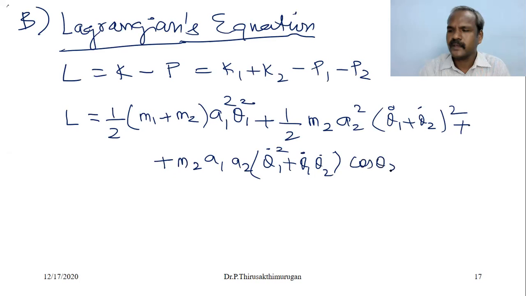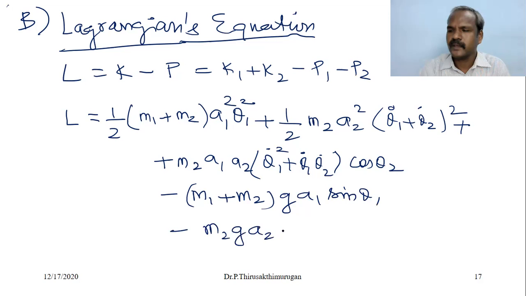Then cos theta 2 minus M1 plus M2 G A1 sin theta 1. Again minus M2 G A2 sin theta 1 plus theta 2. So this is the expression for a Lagrangian equation L.